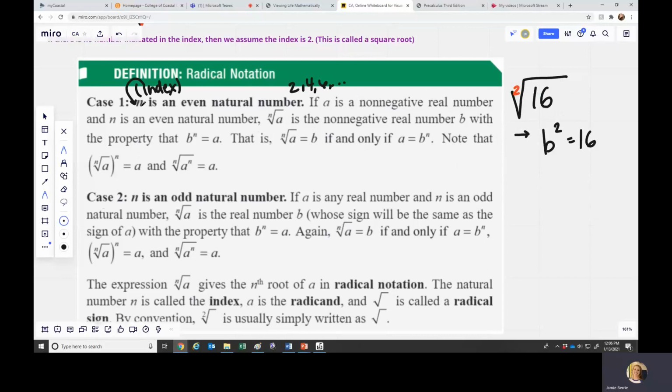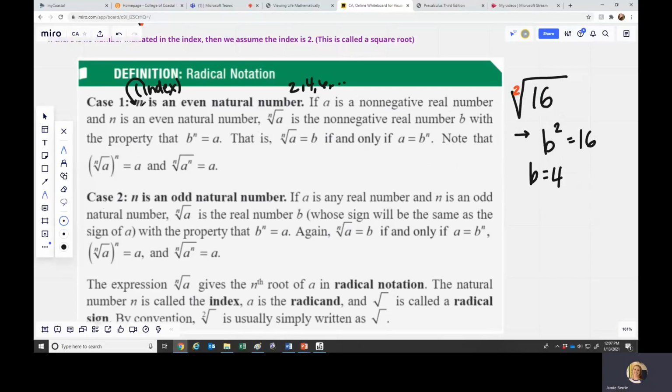So think about it in your head: what's the number that, if you multiplied it by itself, would give you 16? That would be 4, right? So b is 4. And this is what we would call a perfect square, because whenever you take the square root of this number, it comes out to an integer value.